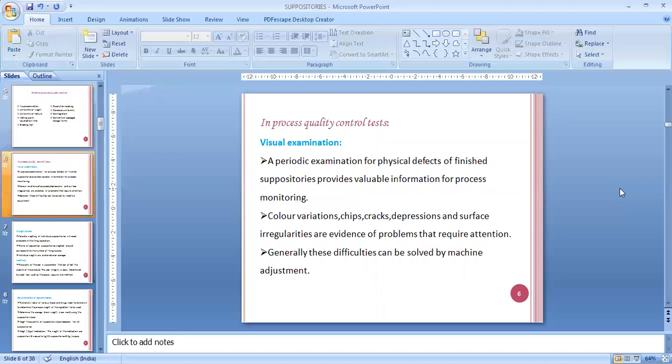It provides valuable information for process monitoring. That's the important one. Any color variation, chips, cracks, depressions, and surface irregularities are evidence of problems that definitely require attention. Generally, these difficulties can be solved by machine adjustment.